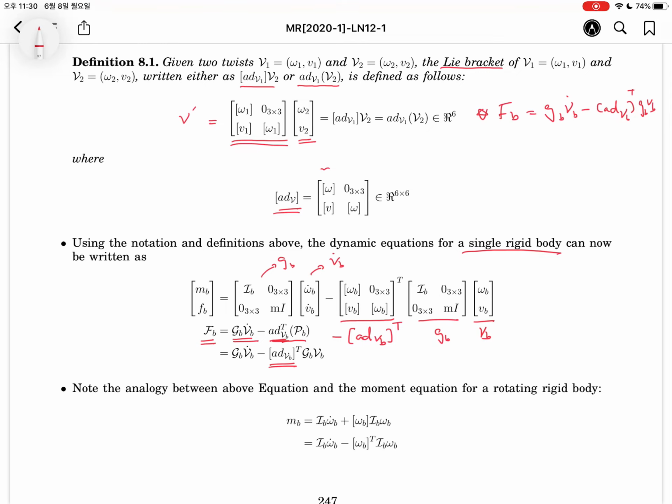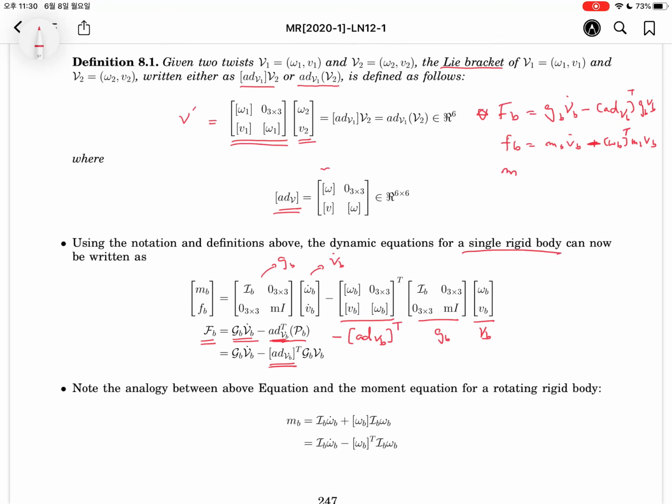On the other hand, the linear dynamics is FB = MB VB dot plus omega B MB VB. Okay, if we take the transpose operation, maybe this term will have the minus sign.